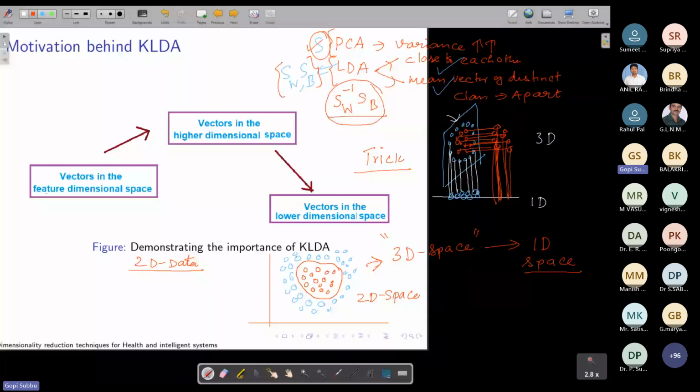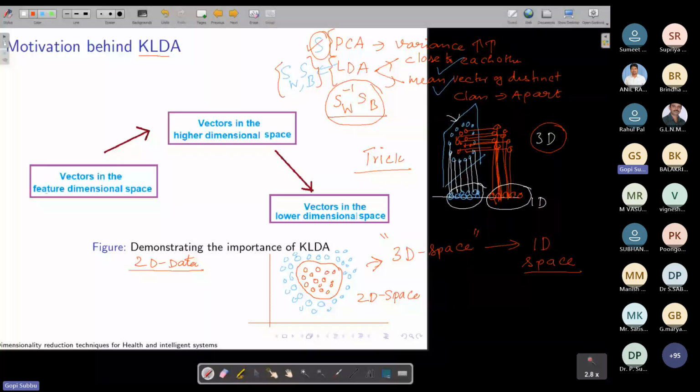Now you can see there is a good separation between the blue and red. So instead of finding the eigenvector in 2D space, which after projection ends up with overlapping, we do the trick of mapping the vector to a higher dimension and then bring it back to the lower dimension. This is the motivation behind kernel LDA, right?